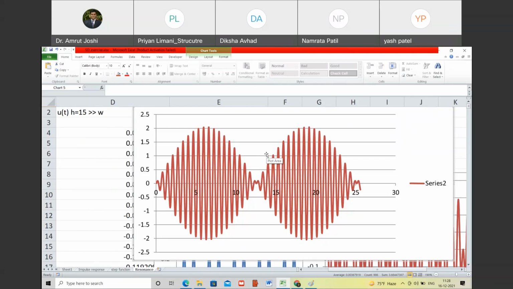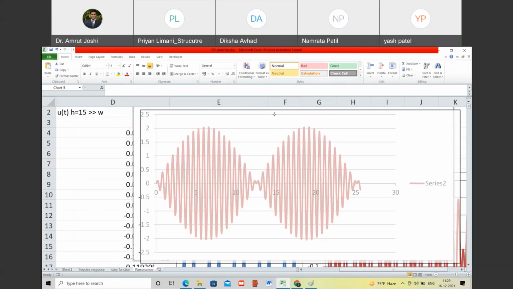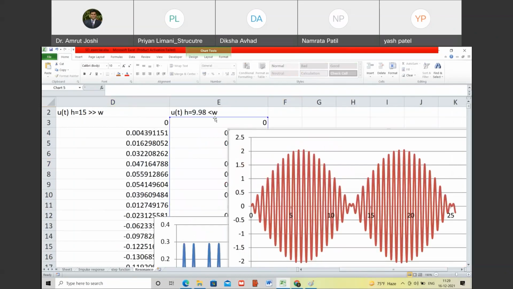This occurs very close to resonance when lambda is very close to omega, either from the negative side or from the positive side. So for example, if I change this frequency, so instead of 9.95, which we have now, even if I take it as 10.5, so it is very close to omega but from the higher side, then also you are going to observe a similar phenomenon.